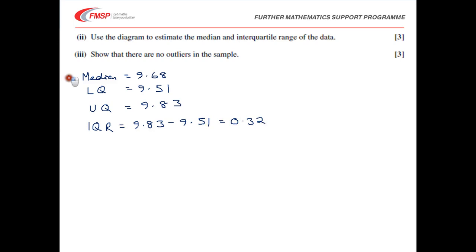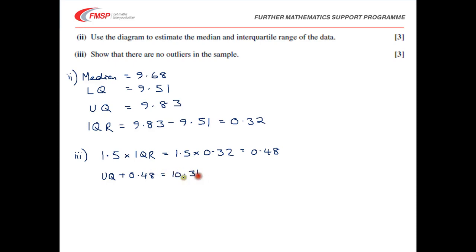And for the lack of outliers, it's 1.5 times the interquartile range. 1.5 times 0.32 is 0.48. And remember that we add that to the upper quartile to give 10.31, and subtract it from the lower quartile to give 9.03.